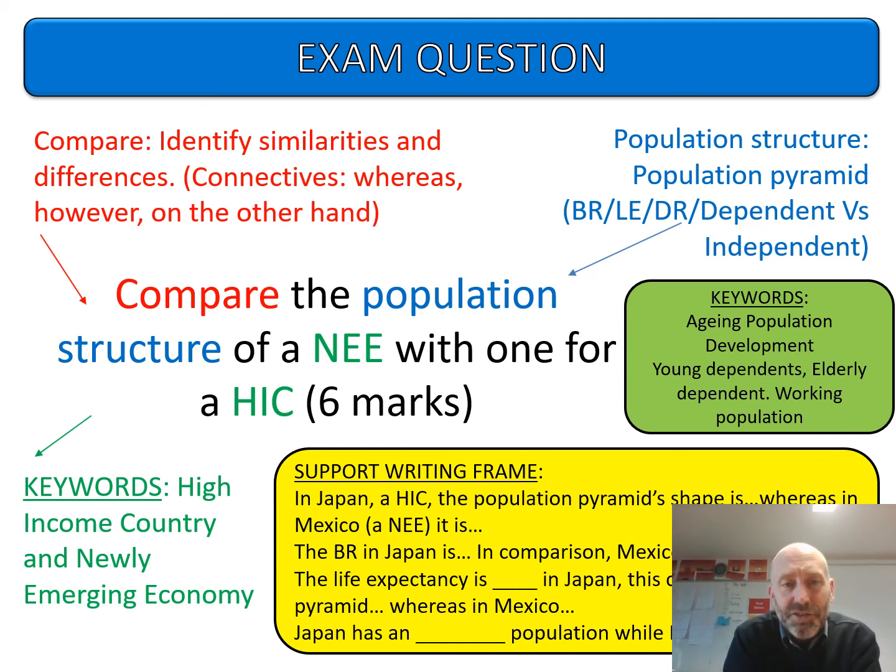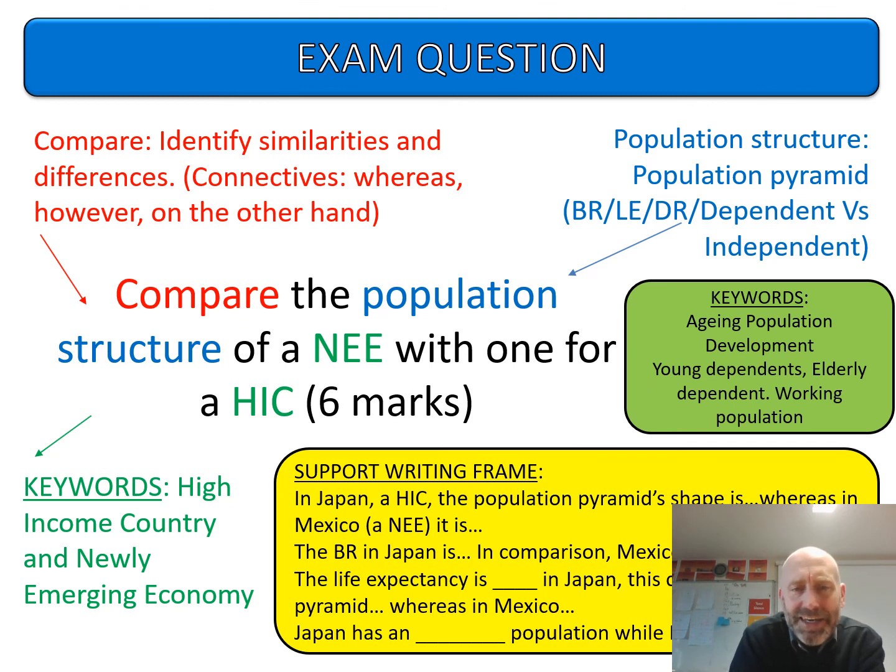Compare means you must use connectives, and we're looking for similarities and differences. We've been given a figure, the two population pyramids, so we should refer to it. We should use data where we can. Population structure, think back, you've got that written down as a key word. That means the age and gender, or age and sex, of the population in that country.